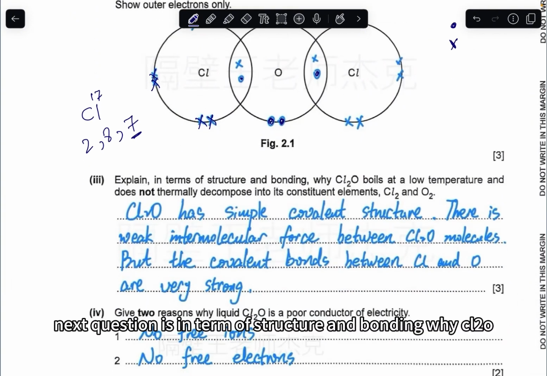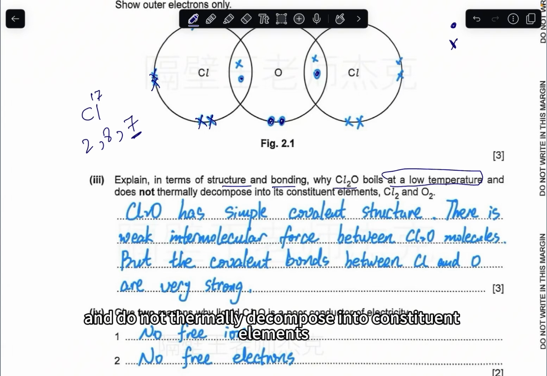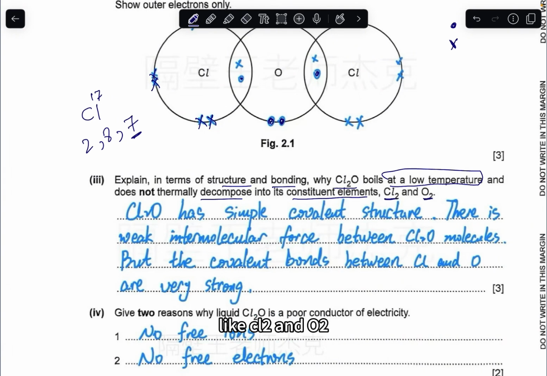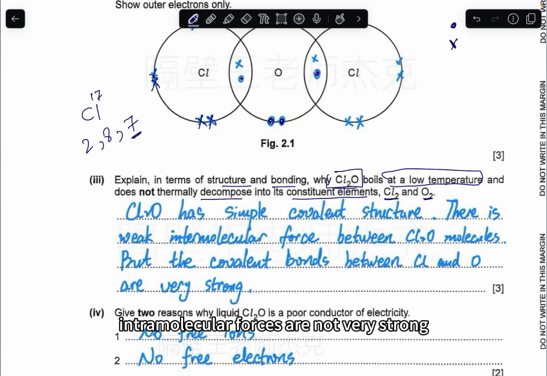Next question is, in terms of structure and bonding, why does Cl2O boil at a low temperature and not thermally decompose into its constituent elements Cl2 and O2? This is a covalent compound, and in a covalent compound the intermolecular forces are not very strong. That's why they are mostly gases.